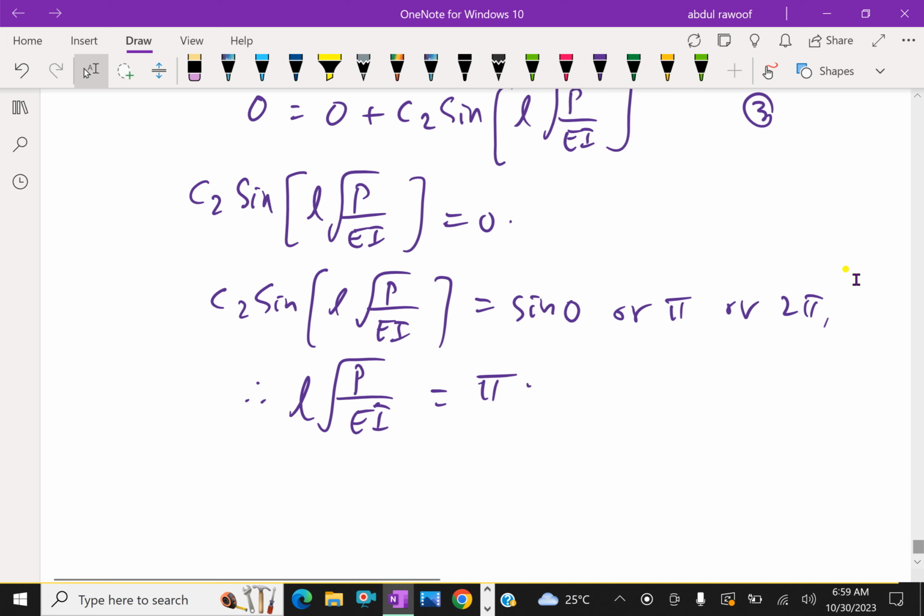First 0 is one value, and the first least value is pi.